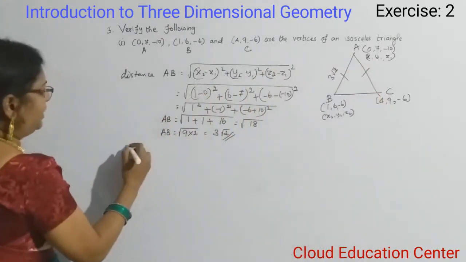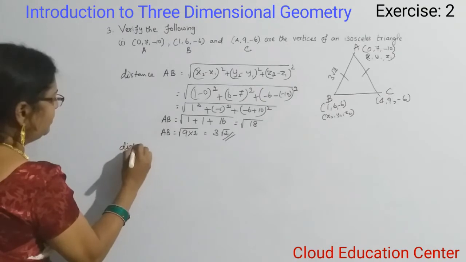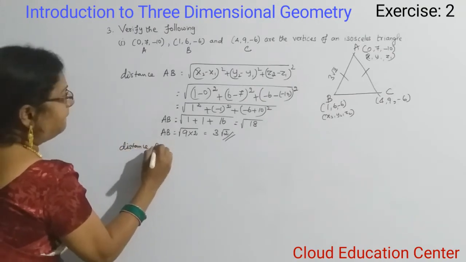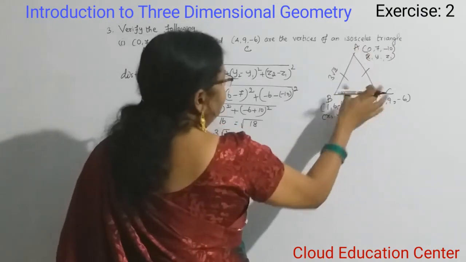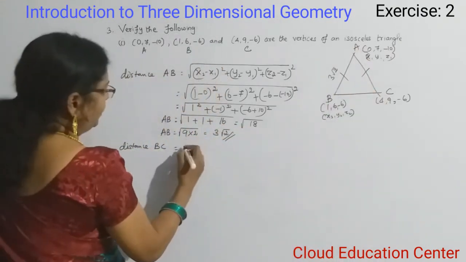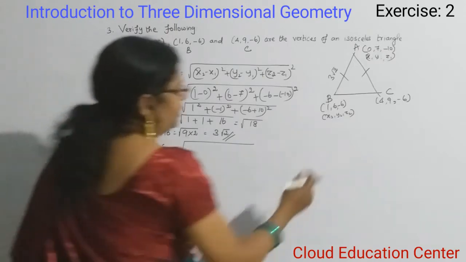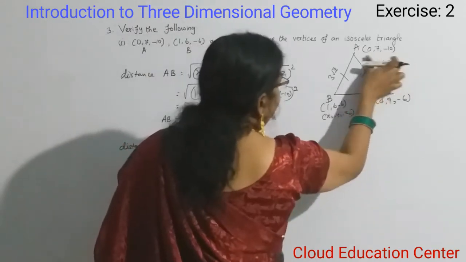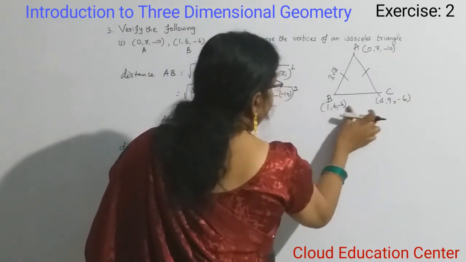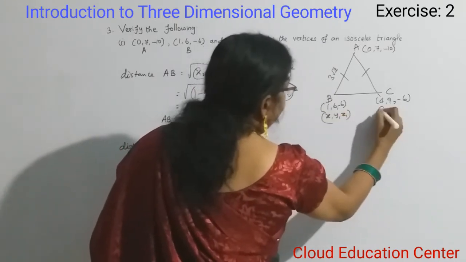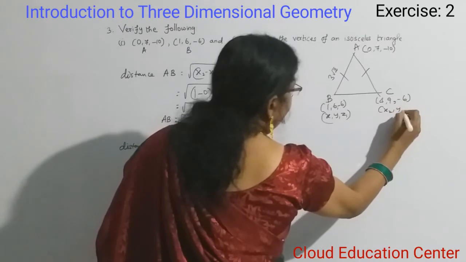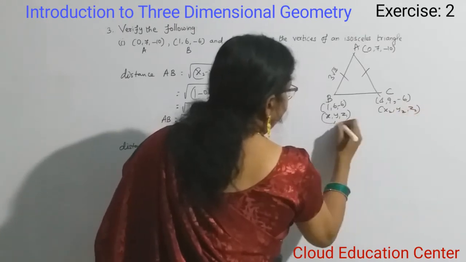Now we will find the distance between the BC points. Now AB is done, BC we will find out. Here we are going to use the same formula. We take B as x1, y1, z1 and C as x2, y2 and z2 points.